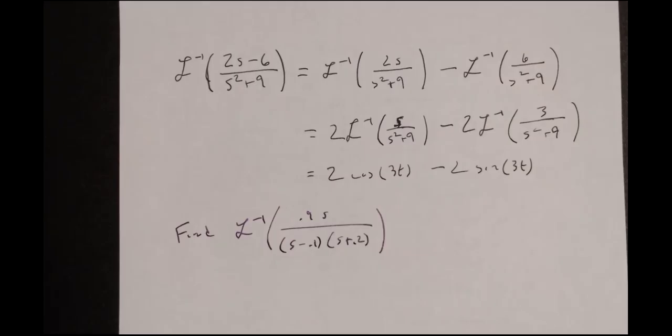And I picked this one on purpose: 0.9s over (s minus 0.1)(s plus 0.2).